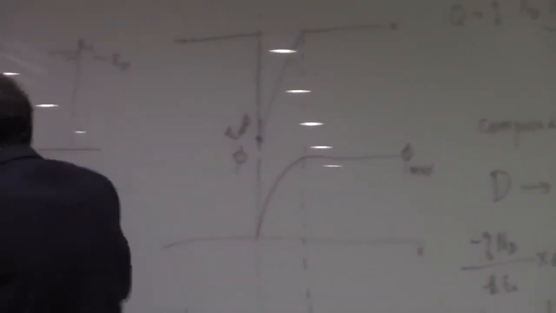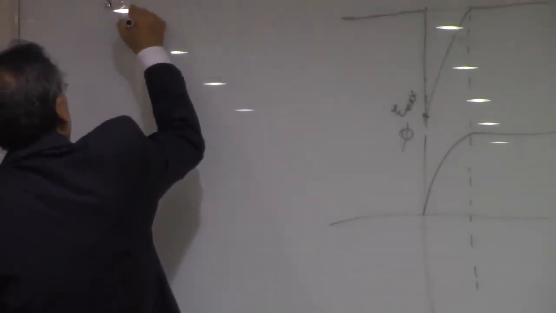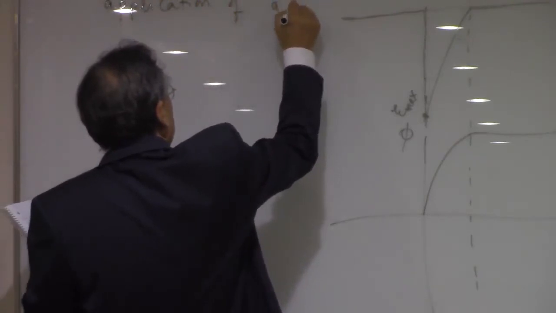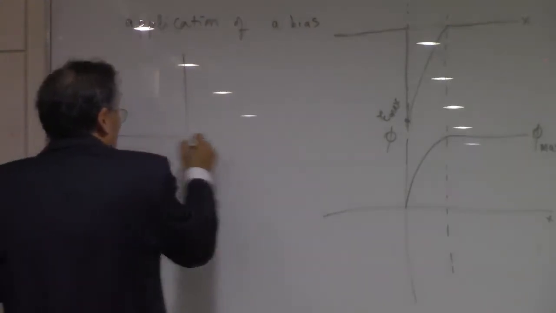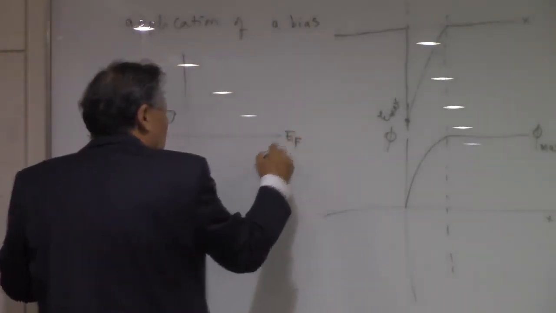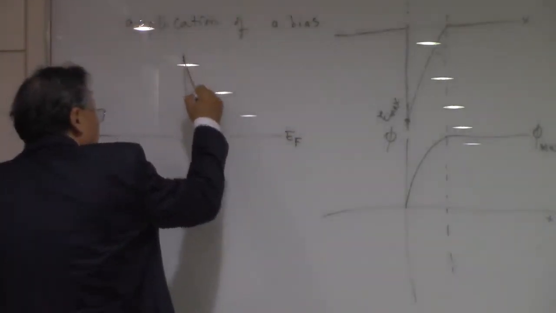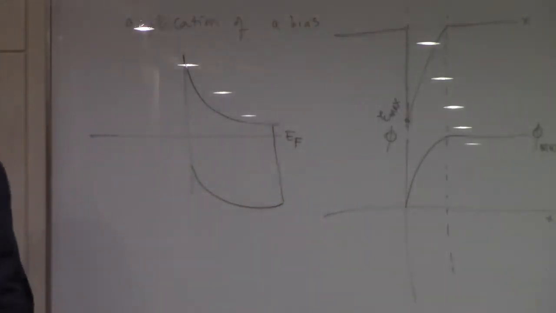Okay. Now, what happens if we apply a bias to this junction? Application of a bias. That means if we apply any voltage to this junction, the junction is going to look like this. That's what we have seen, right?